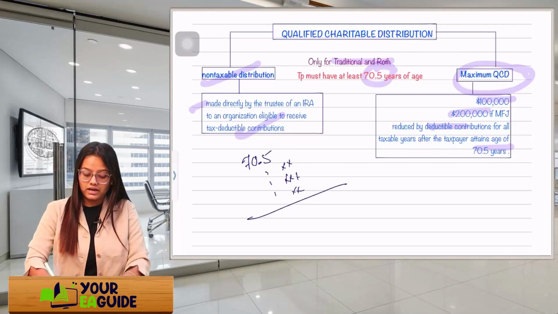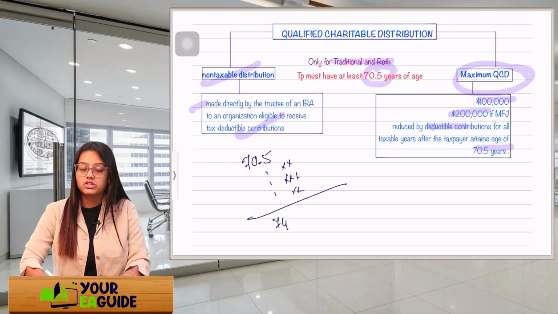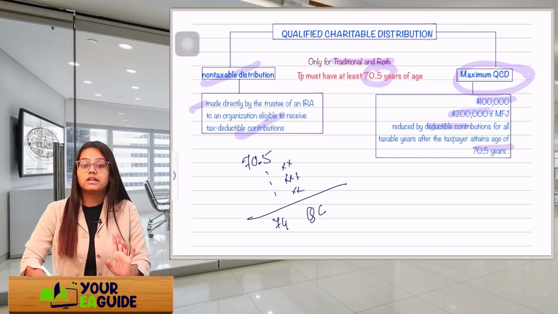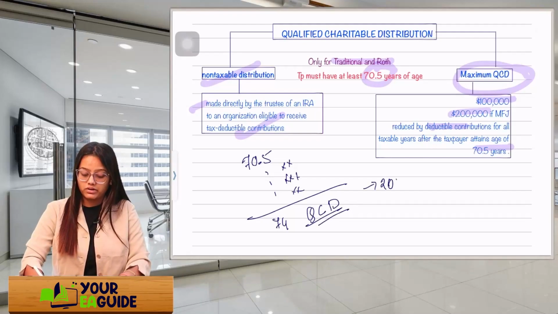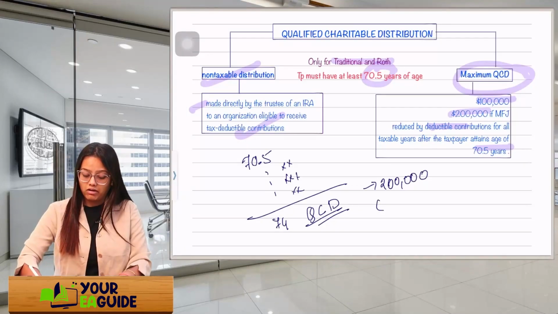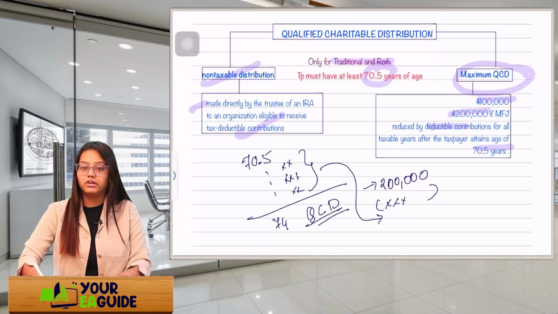Let's say at the end of 74 years you are going to do a qualified charitable distribution from your IRA account. Your limit is 200,000, assuming the taxpayer files a married filing joint return. Out of that, all the previous distributions the person might have taken will be reduced.